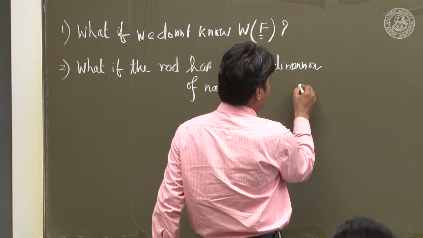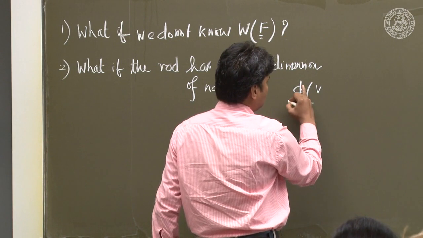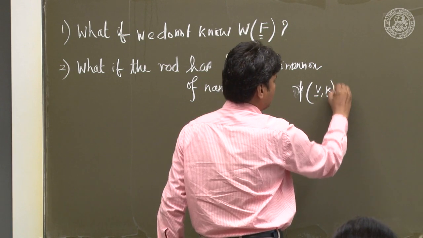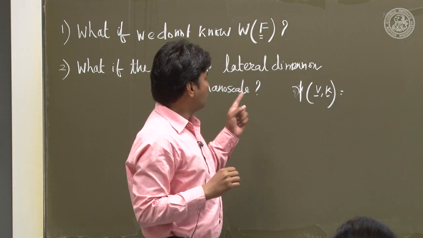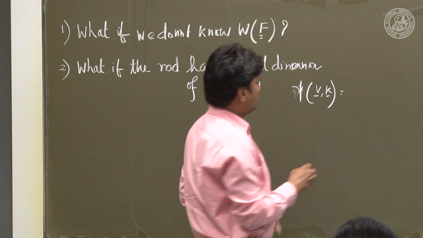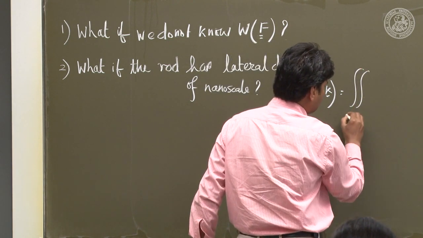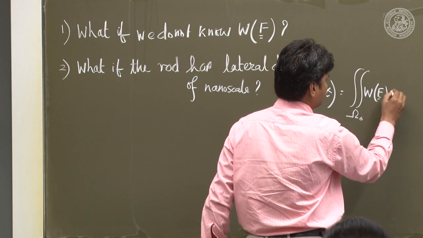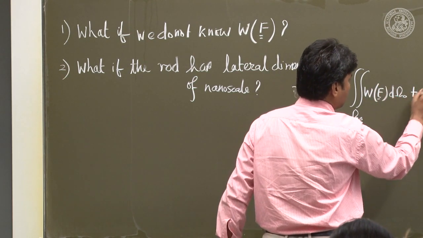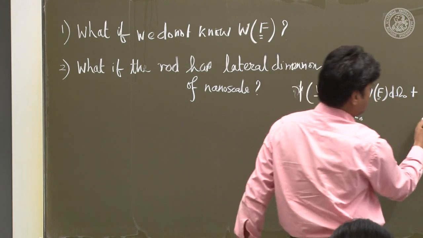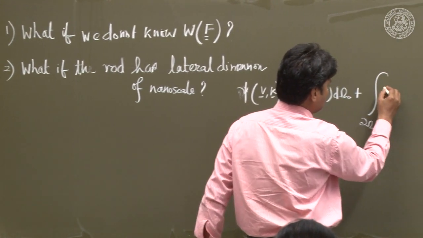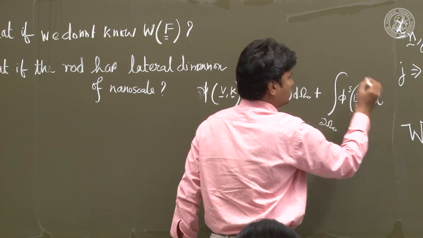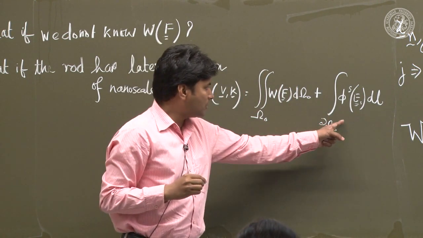In those situations, it turns out that the energy that we wanted, psi of v comma k, for such nanorods is not just the bulk energy, the energy over the cross section W of F, but it also has got the surface energy. Where this part is the surface energy.